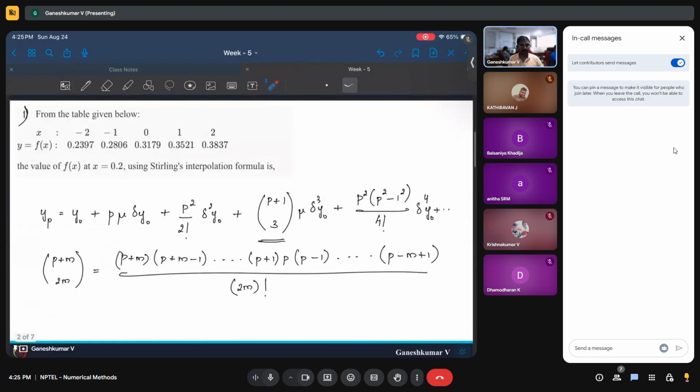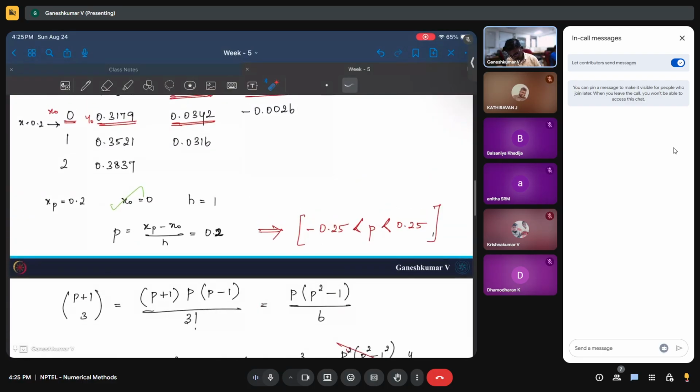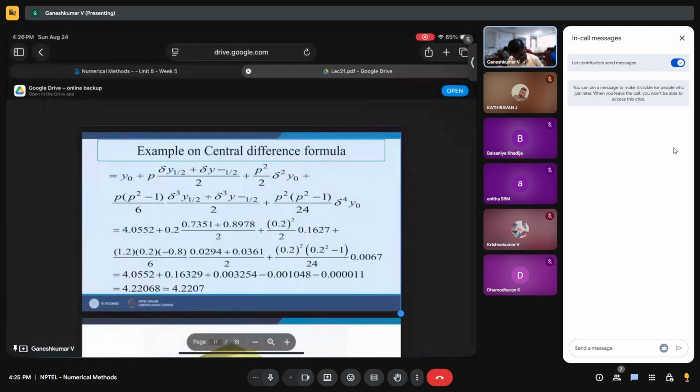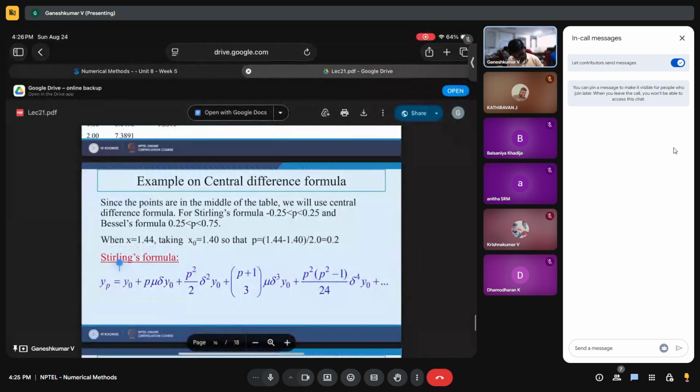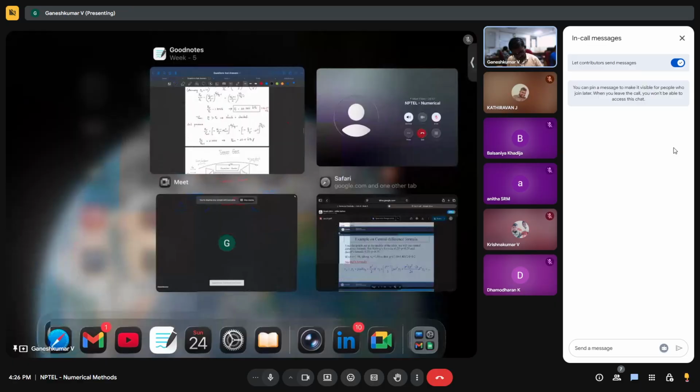If you want to do the same thing with Bessel's, for Bessel, I think what is the p value? Let me check. For Bessel, the p value is 0.25 to 0.75.